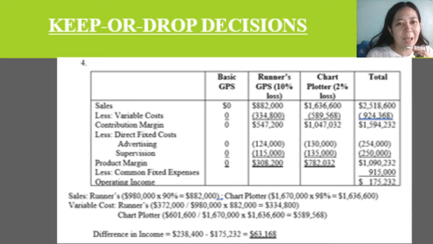So although they have a net decrease of $63,168 in operating income, they still have a positive operating income and avoid the loss on basic GPS. But then again, the decision will rest on the company's management.